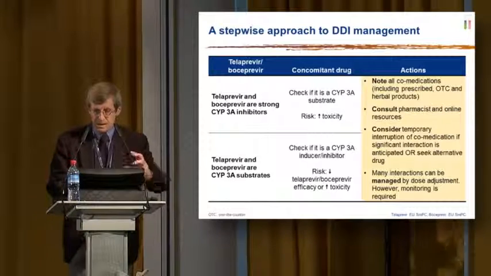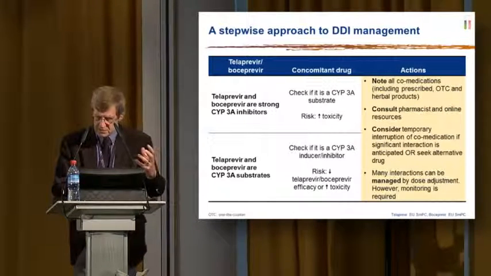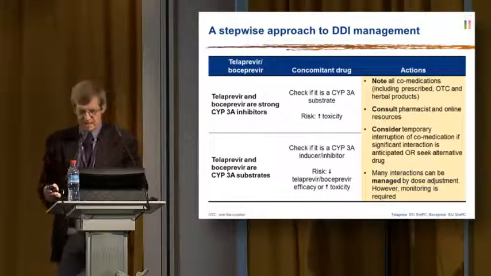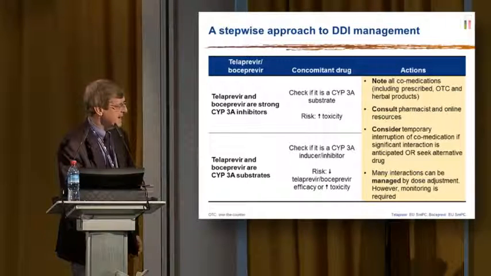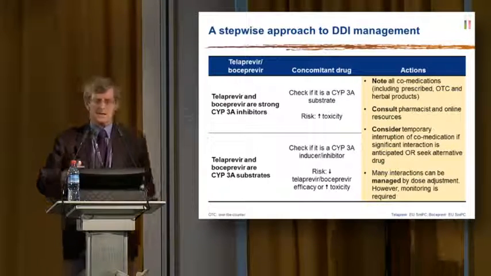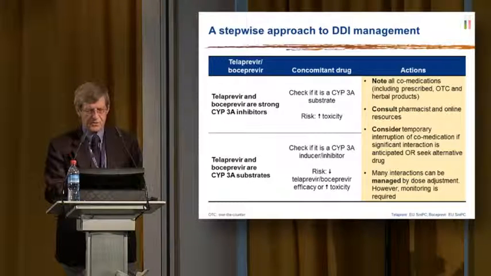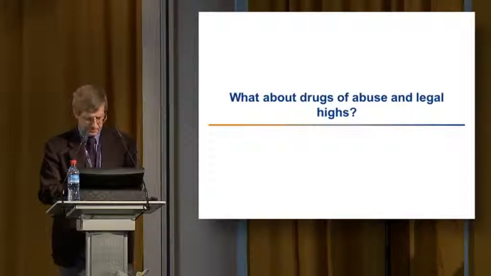Consider temporary interruption with some medications, that may be possible, or an alternative medication. And then many medications can be managed by dose adjustment. So it's a consideration of all of those issues with the concomitant drugs the patient is taking.